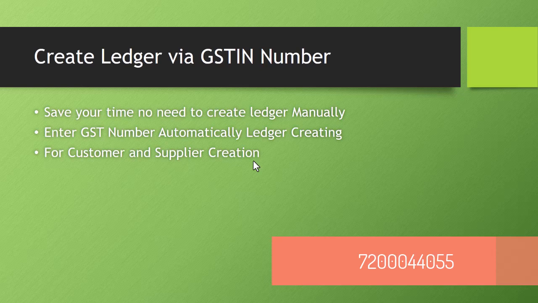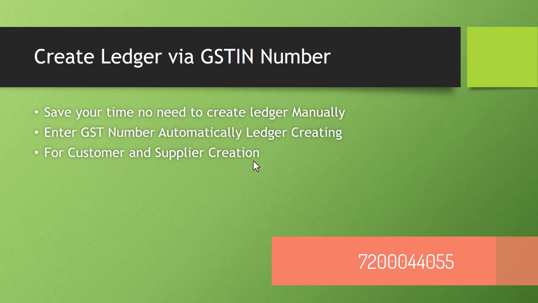So all the content you are typing manually, right? Now you don't do that. You can just install this add-on, create ledger via GST number. We have developed one TCP file, which means a Tally add-on. You insert it into your Tally, and you can enter only the customer GST number or supplier GST number, and the ledger will be created automatically.